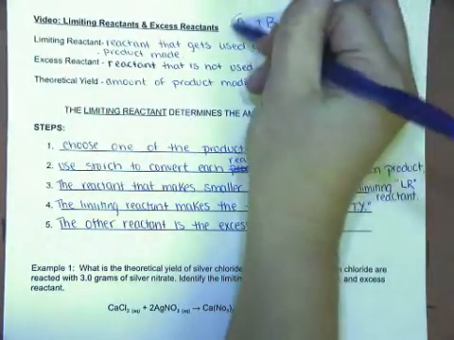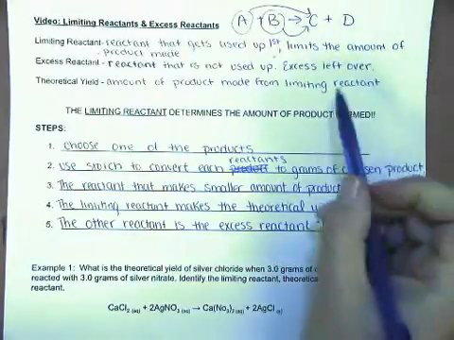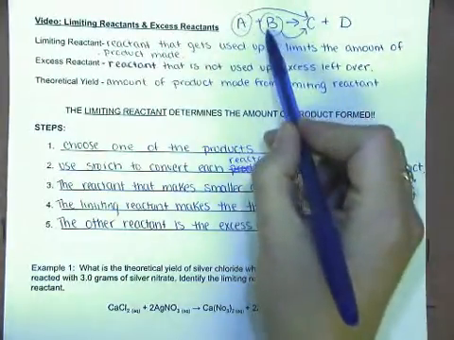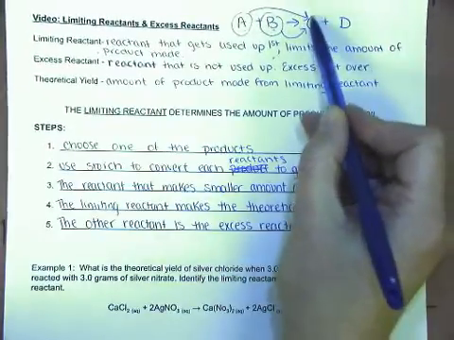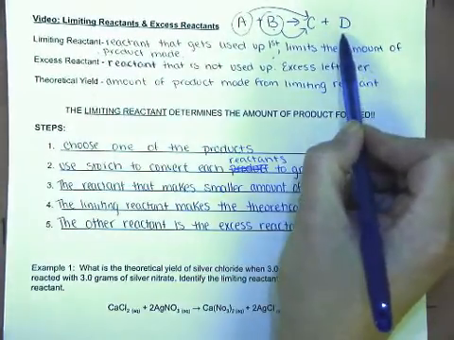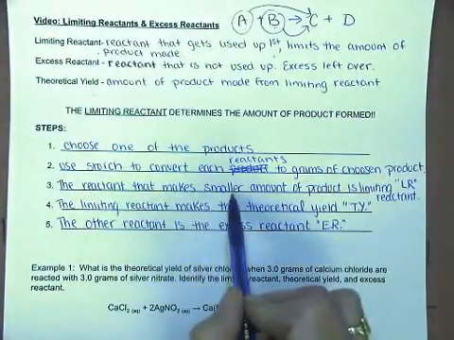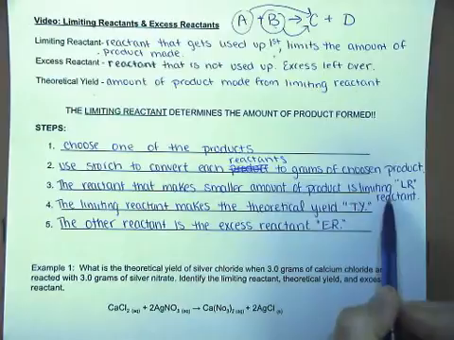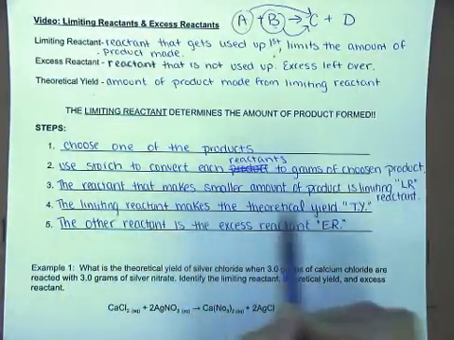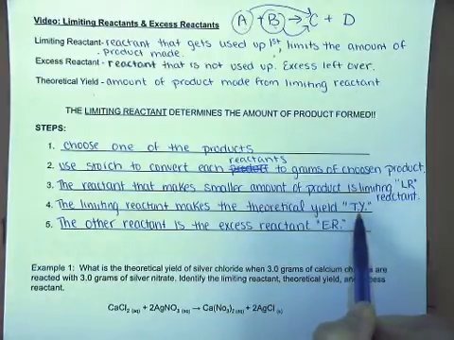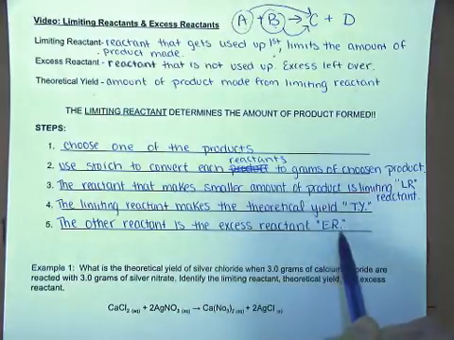So A is going to go to C, and B I'm going to convert to C, to see which one of my two reactants makes less of my product. Because if it makes less of C, it also is going to make less of D, so it doesn't matter which one we choose. The reactant that makes the smaller amount of product is called my limiting reactant, which I label LR. The limiting reactant makes the theoretical yield, which I can abbreviate TY. And my other reactant is the excess reactant, or ER.